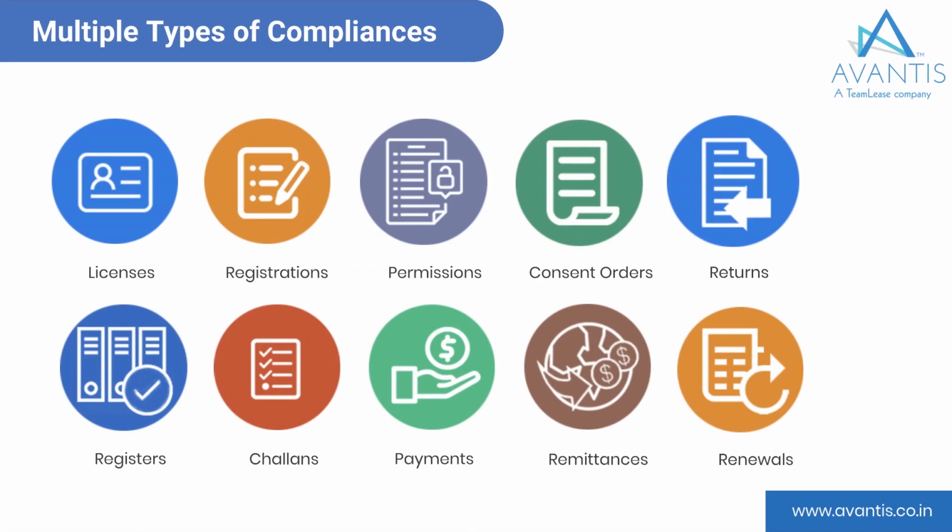Licenses, registrations, permissions, consent orders, returns, registers, challans, payments, remittances, renewals. I'm sure a number of you practitioners on the call today are very familiar with some of these terms. These are some of the various examples of compliances that we all have to comply on a monthly basis.